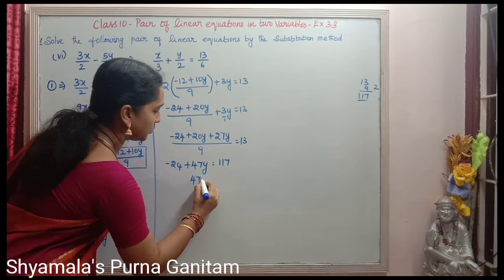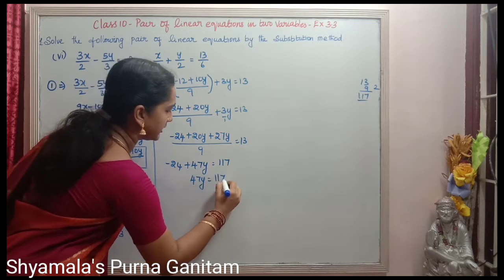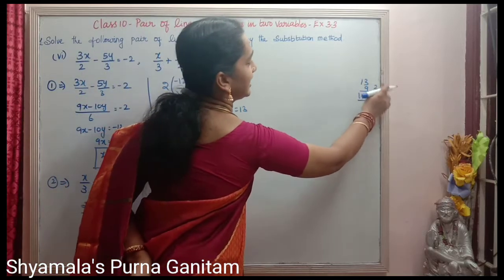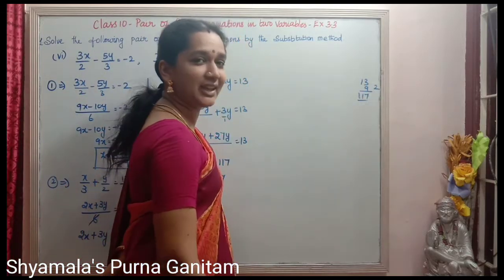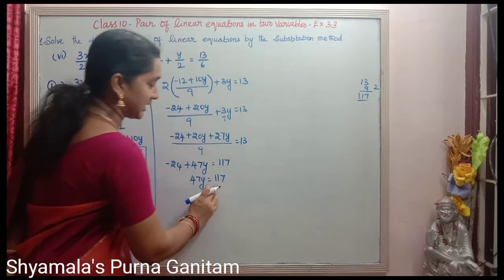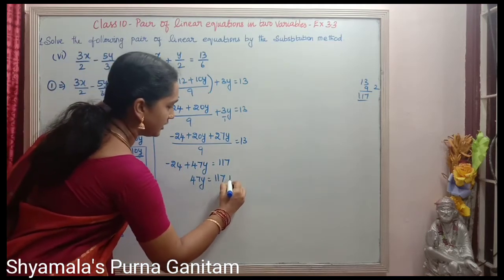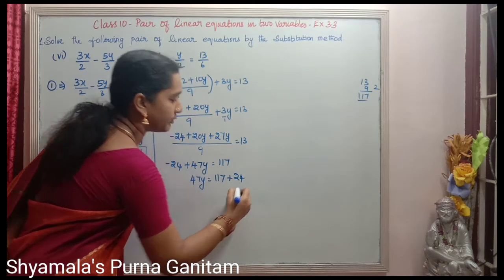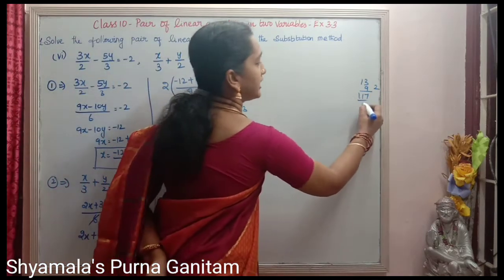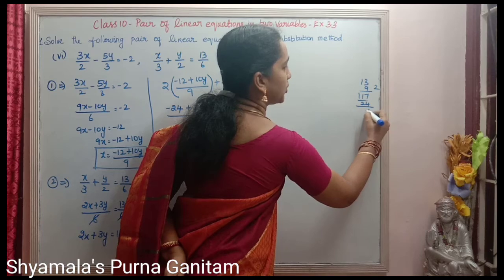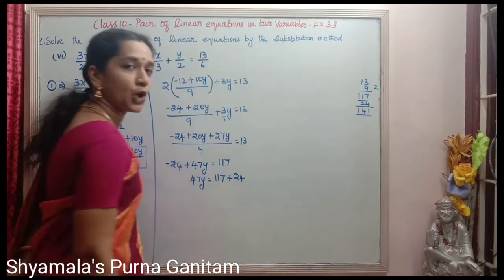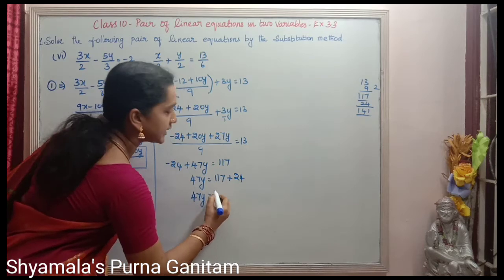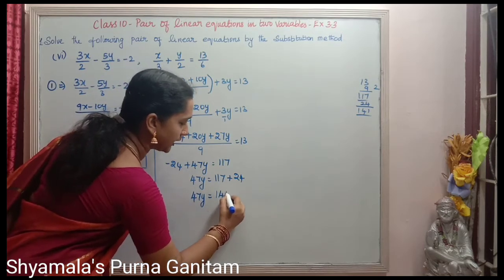So now minus 24, 20 and 27, when I add that, both are y like terms. So it will be 47y is equal to 13 into 9. So 13 into 9 is, 9 3s are 27, 117, sorry, not 111, 117. So 117 plus this 24, when I am bringing it to the other side, it will be plus 24. So 117 plus 24 will be 141. So 47y is equal to 141.